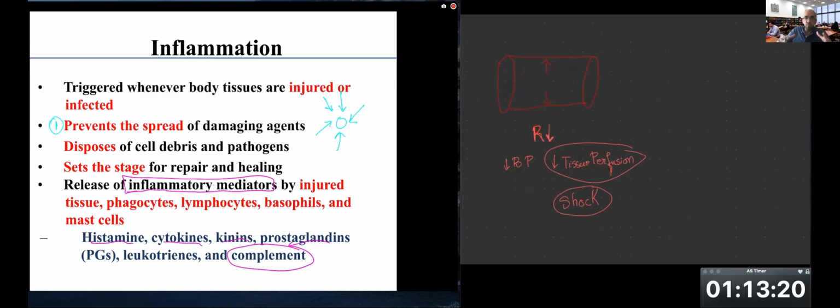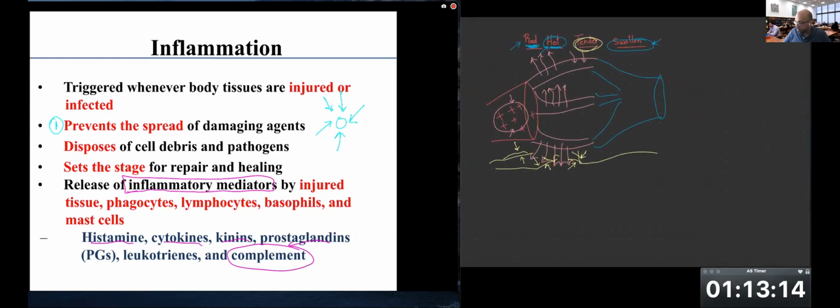I'm accumulating the fluid. I'm reducing the amount of fluid getting back from my tissues to the blood. So this reduces the risk of disseminating the infection.